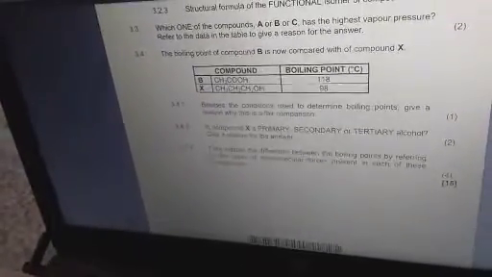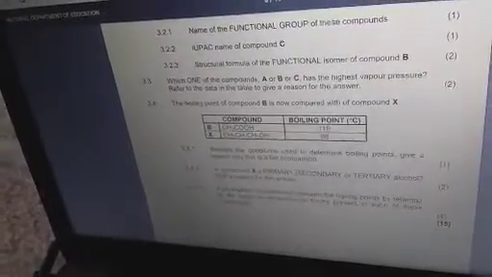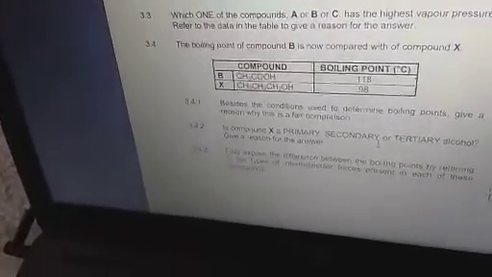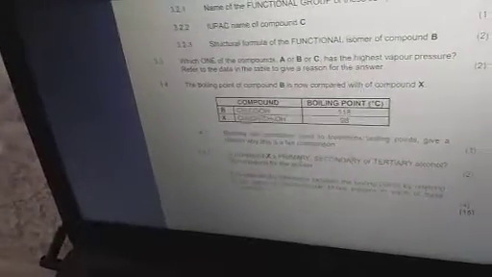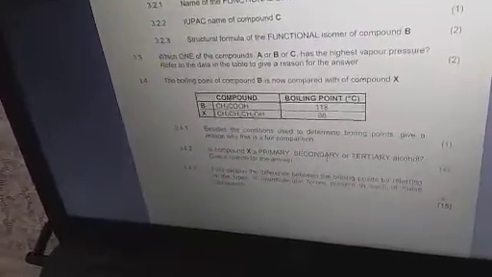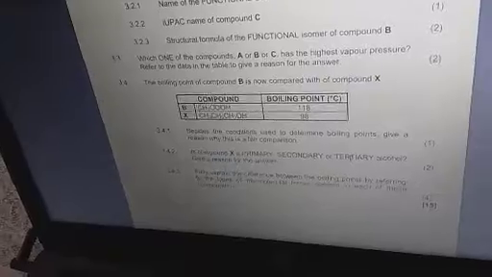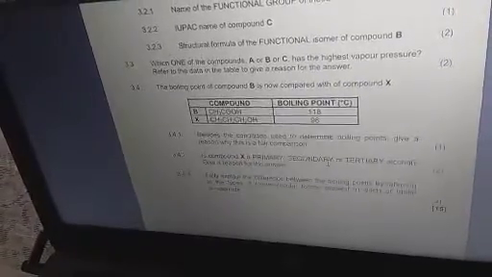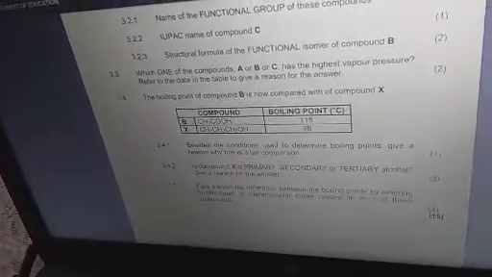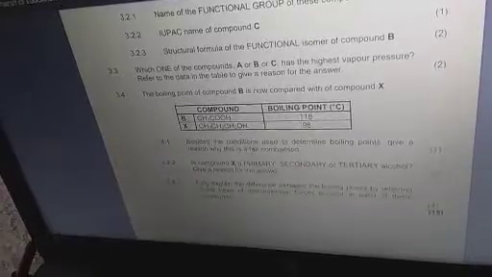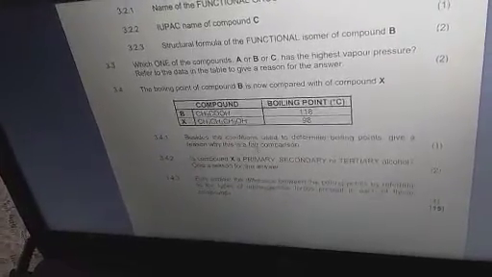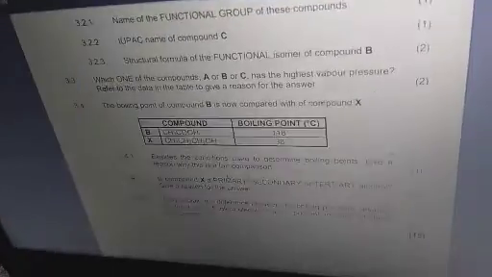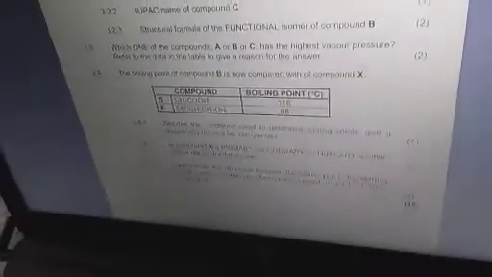Primary and secondary alcohol. Okay, let me just explain this now because it's a bit easier. Primary, secondary, and tertiary alcohol: here you consider the carbon. Let me illustrate this here.